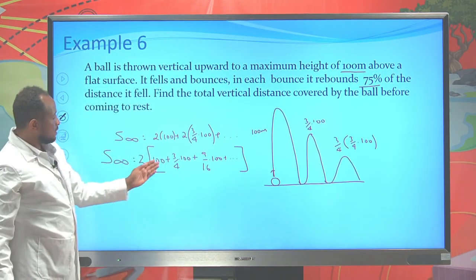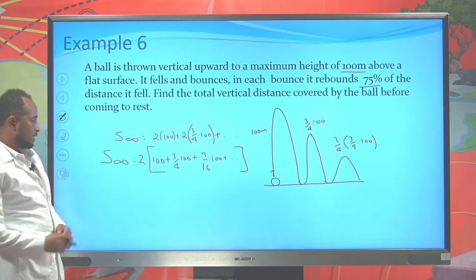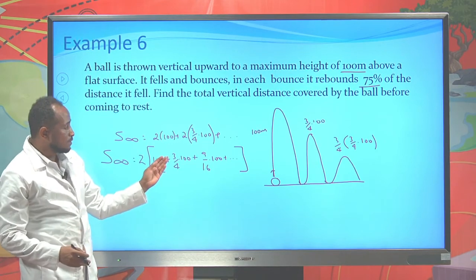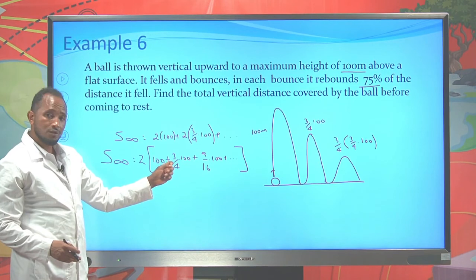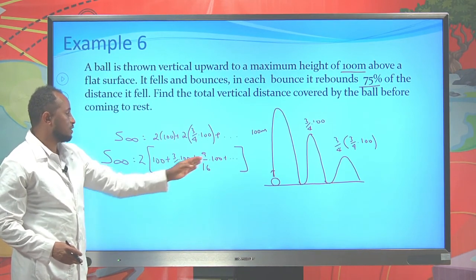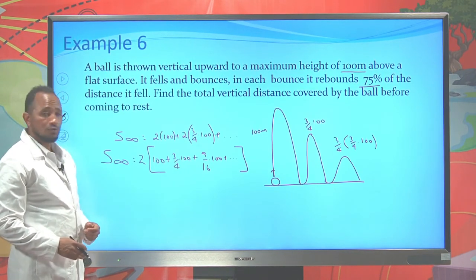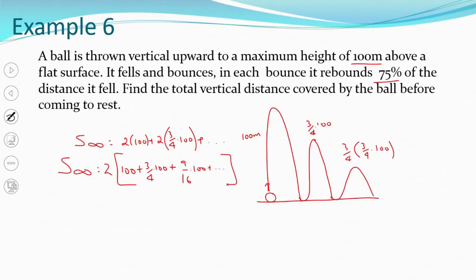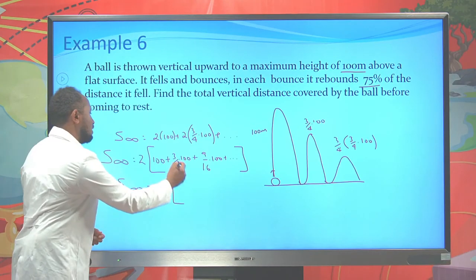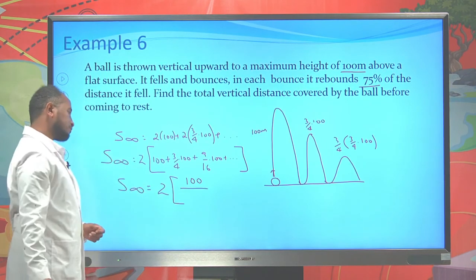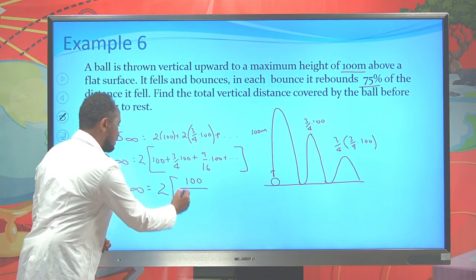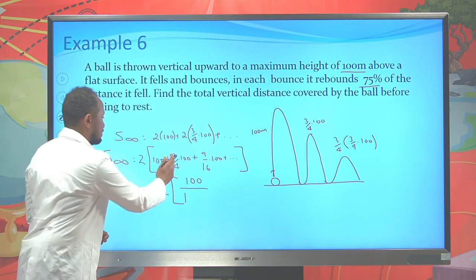When you see this, it's a geometric progression with first term 100 and common ratio 3/4. Take the ratio of these two, and you get the common ratio 3/4. Therefore, the infinite sum is twice G1 over 1 minus r, where G1 is 100 and r is 3 over 4.